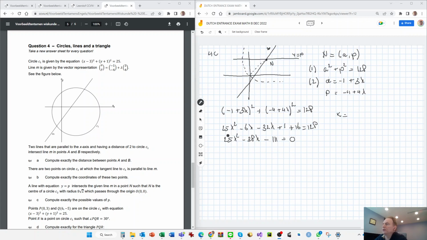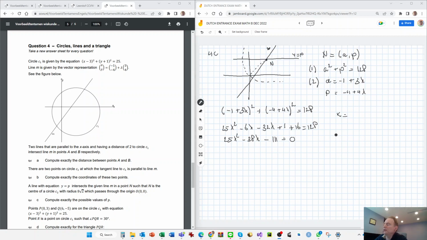Well, it is a little messy, but just double checking. This is the line M, substituted here. 1 squared, 4 squared, minus 6 lambda, minus 16 times 2, minus 32.